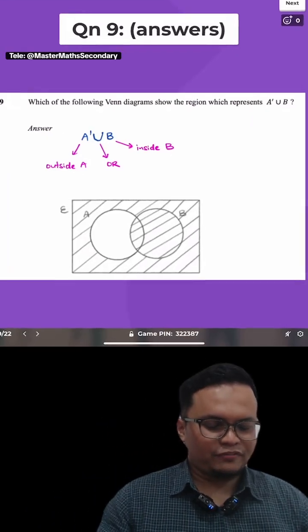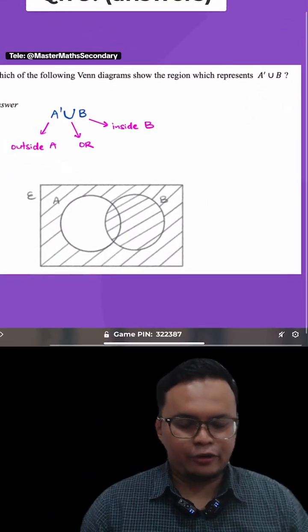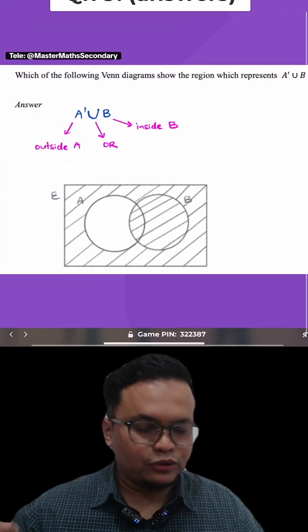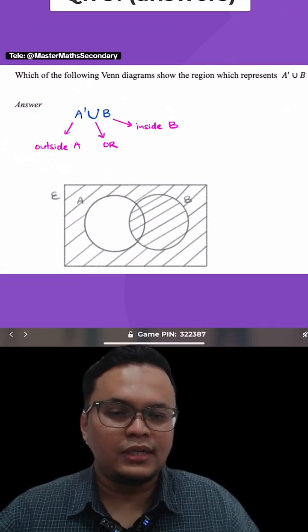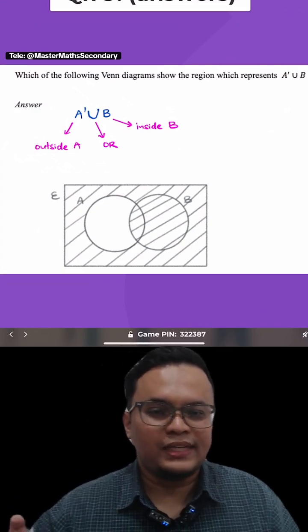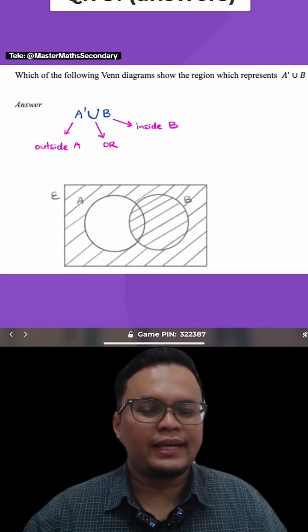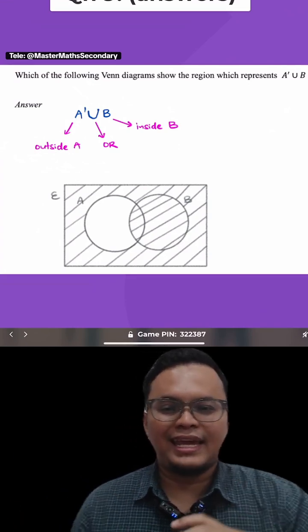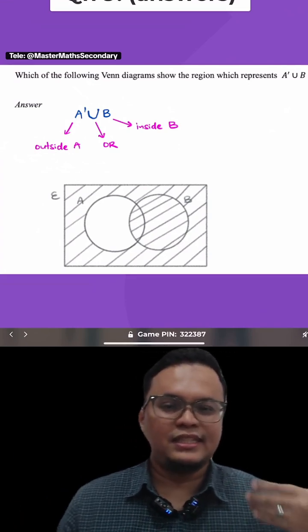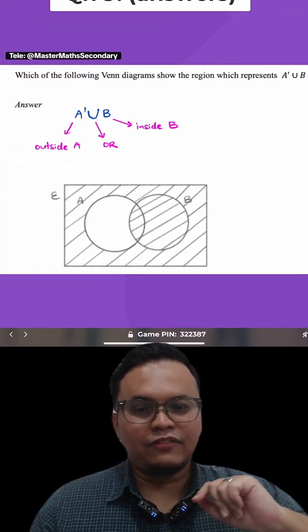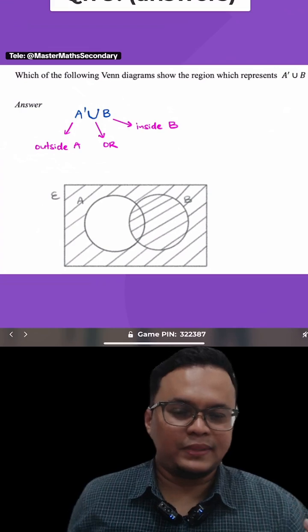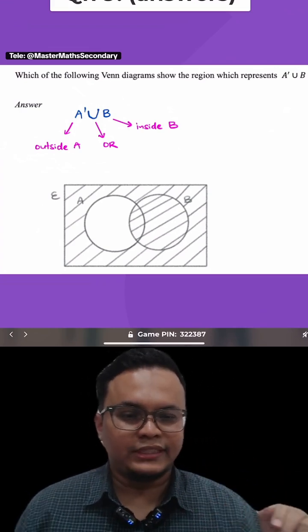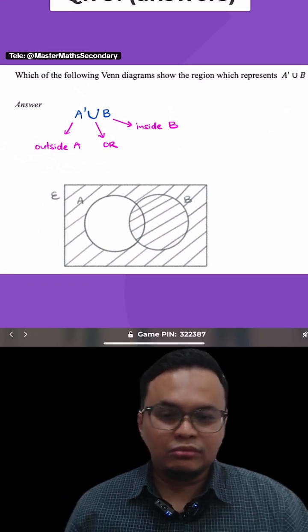When you have A complement union B, A complement translates to outside of A, whereas union translates to an OR. B translates to inside of B. When you have OR, you must remember that it doesn't have to fulfill both conditions. It doesn't need to be outside of A and inside of B. It just needs to be either outside of A or inside of B. As long as it fulfills one of these 2 conditions, you can shade it.